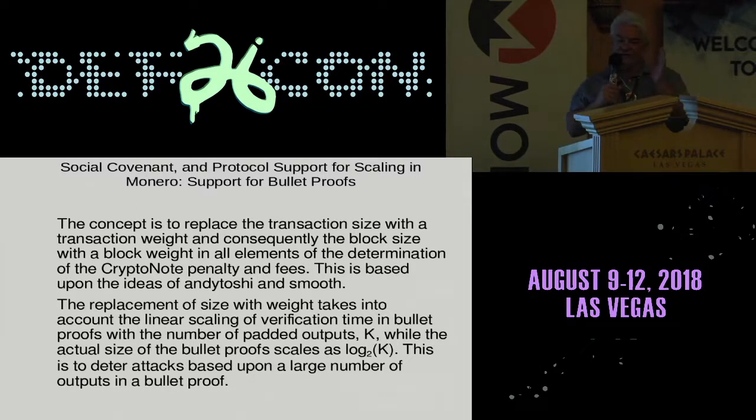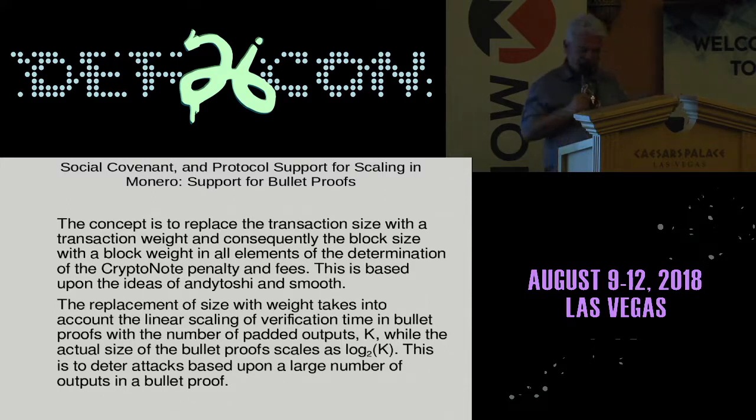And then the size of the bulletproof scales as the log to base 2 of the number of outputs. Well, it becomes fairly obvious that if you allow very large bulletproofs with large numbers of outputs, then one has a potential attack vector, which was quite a concern. And so we have to deal with that attack vector.